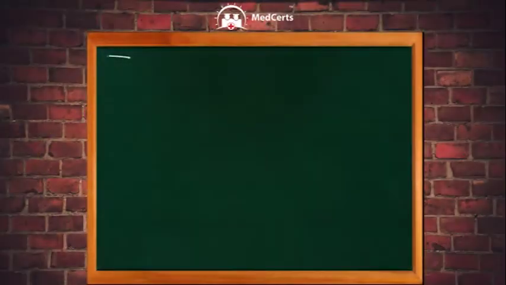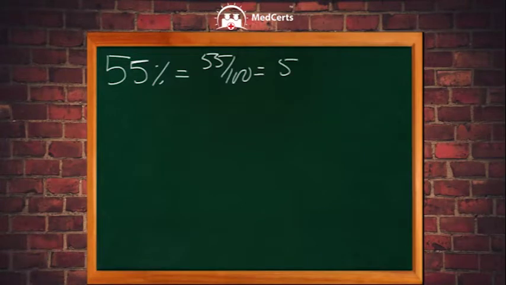If we look at 55%, we say 55% is a part over whole, which is 55 over 100. As a ratio it is 55 to 100. We have a common number in each one, which is 5. 5 goes into 55, and 5 goes into 100.